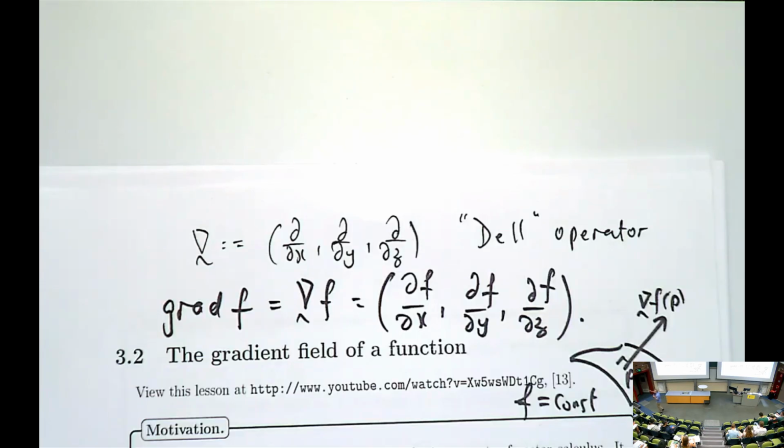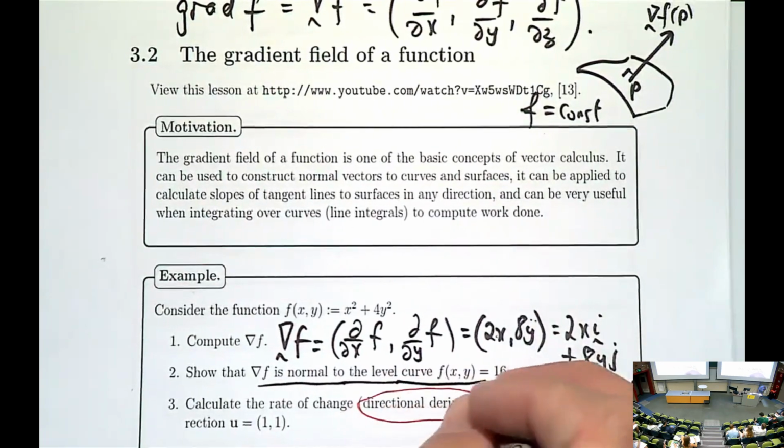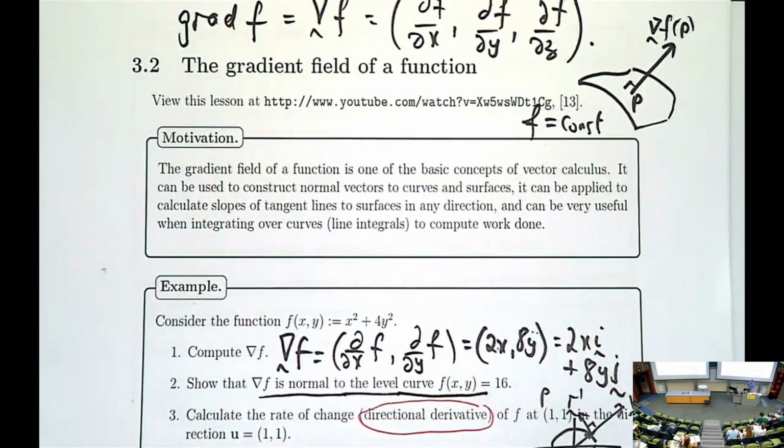And we worked out that geometrically you can talk about the resultant vector being normal to the level curves and the level surfaces. And we also looked at the idea of a directional derivative. Now, a directional derivative, just to refresh everyone's memory, is the slope of a tangent. So let me show you.